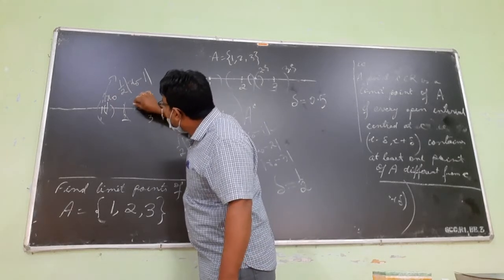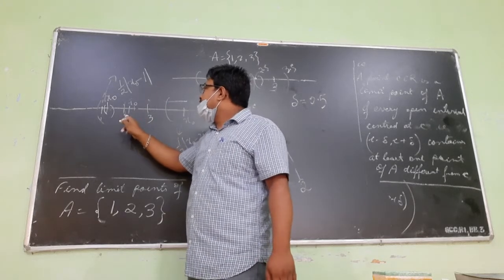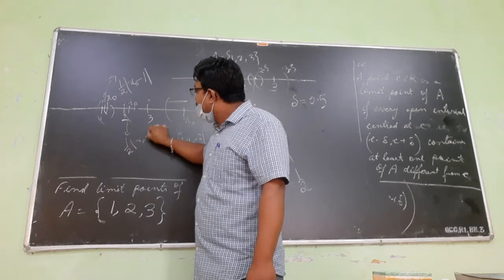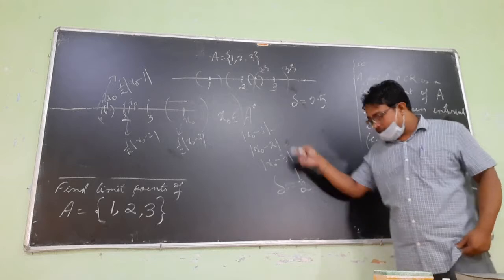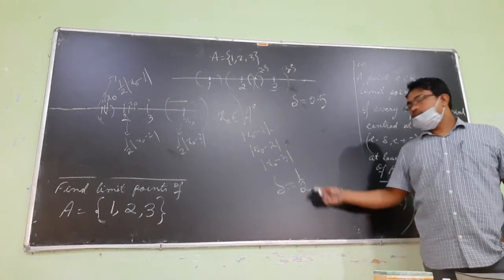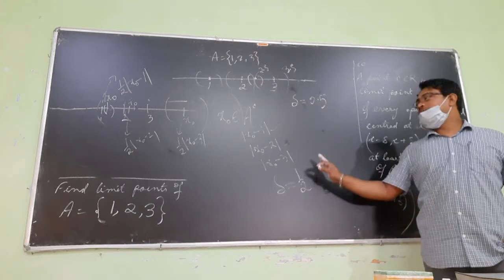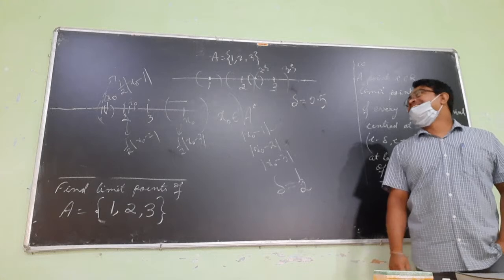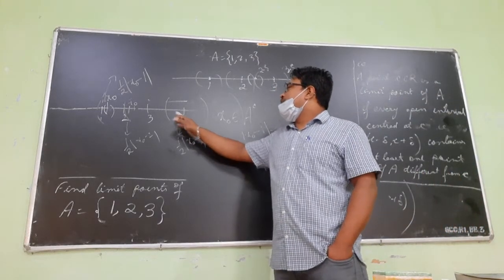Suppose x0 lies somewhere here, very close to 2. In that case, I will take my delta to be half of x0 minus 2. So what should I take out of all this 3? Otherwise, you cannot understand the concept. See, x0 is a point outside this set.